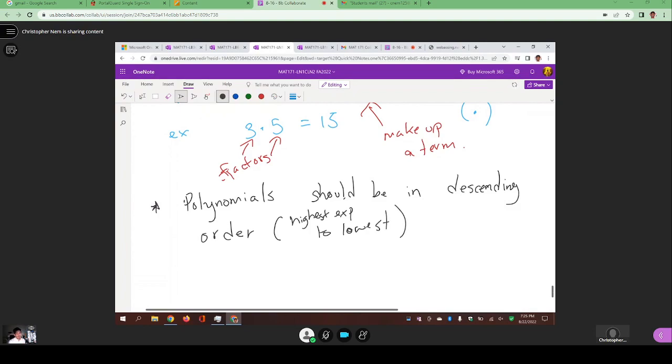Should always have them highest to lowest. So in an example, you should have something like 3x to the 7th plus 4x to the 3rd plus 2. You can see that the exponents for each of the x's go down in order. Now, I am skipping a couple like x to the 6th, x to the 4th, or whatever, but the exponent decreases for the x value. Now, you don't see an x on this 2, but you can also think of this as x raised to the 0th power. Because x raised to the 0th power is 1, and 2 times 1 is 2. That will come into play in our problems later on.